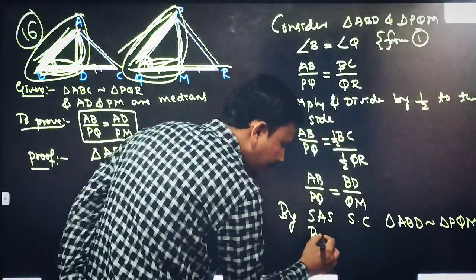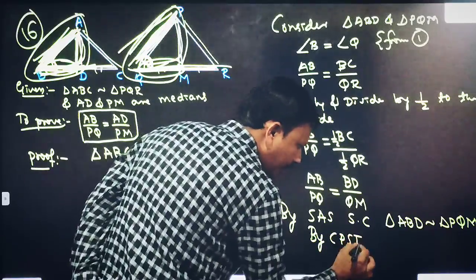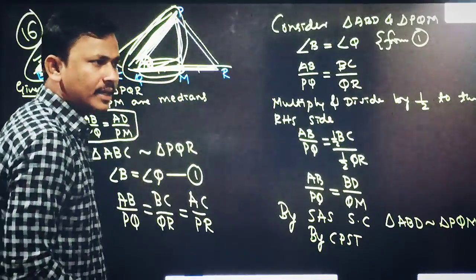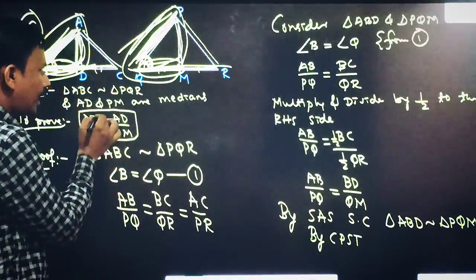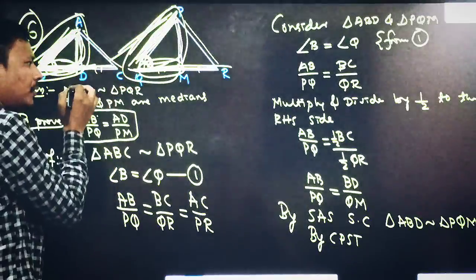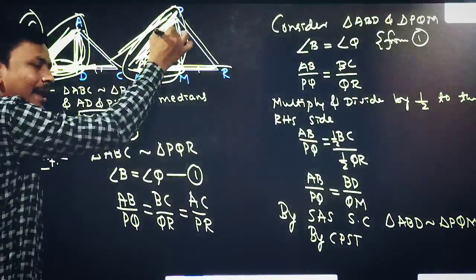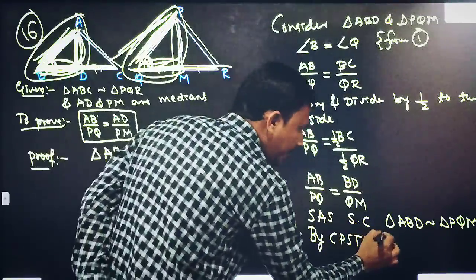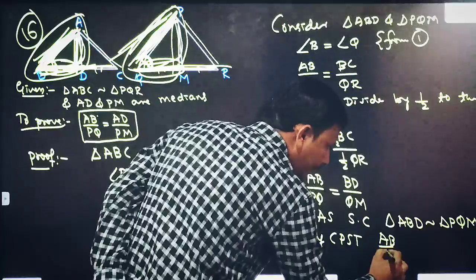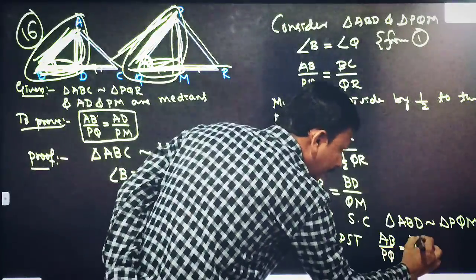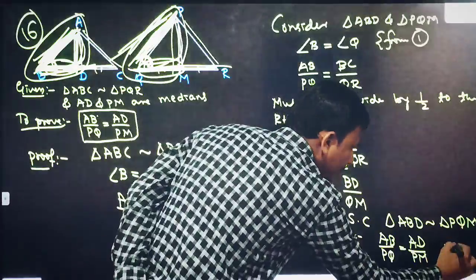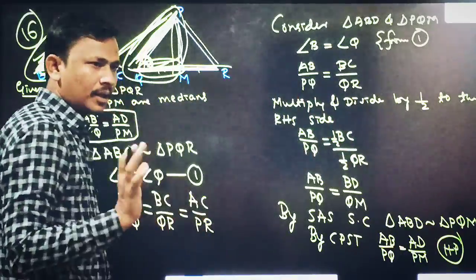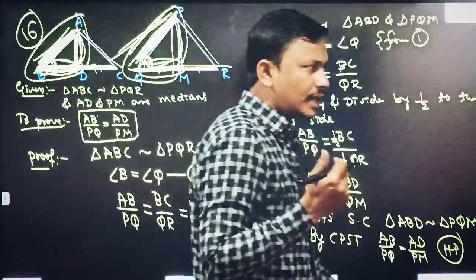By CPST, corresponding parts of similar triangles, what we can write here? AB divided by PQ is equal to AD divided by PM. Hence proved. Understood?